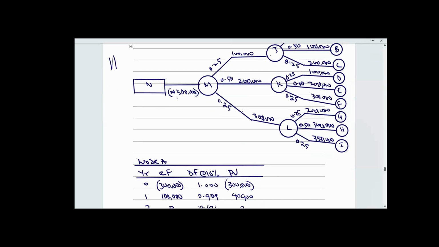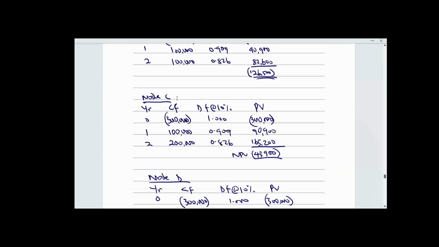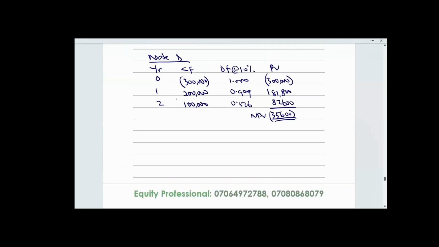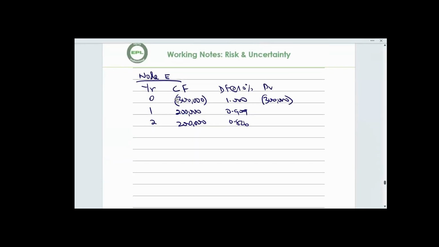Year 2 is also 200,000. Multiply by 0.909 and 0.826. 300,000, 181,800, 165,200. Final answer: 47,000.